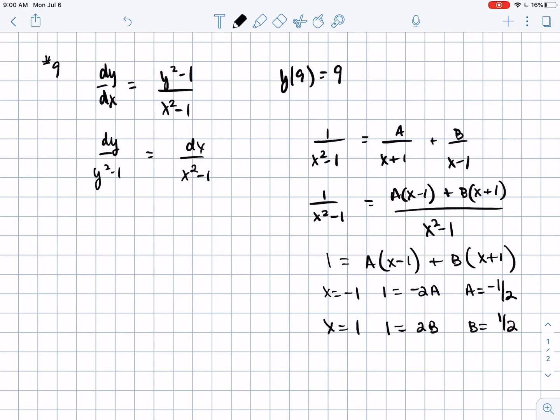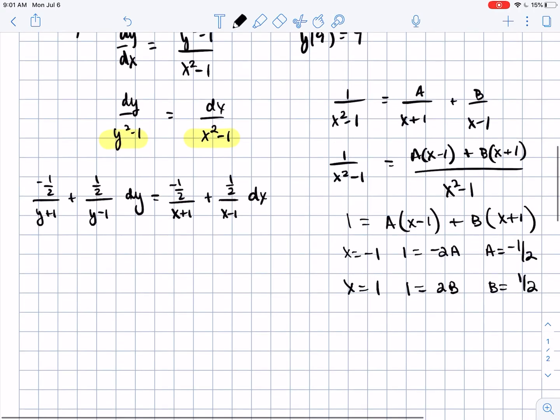And now, because it's pretty much the same, just one is with x and one is with y, you would have negative 1/2 over y plus 1 plus 1/2 over y minus 1 dy equals negative 1/2 over x plus 1 plus 1/2 over x minus 1 dx.